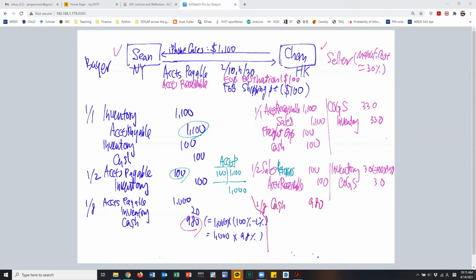And then we need to erase the accounts receivable, which, we know that originally it was 1,100, and then 100 is returned back.